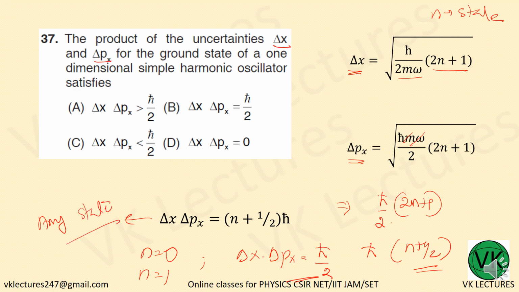For the first excited state, n equal to 1, so that would be equal to 3 by 2 h cross. Okay, so for the ground state it is h cross by 2. So your option is B.